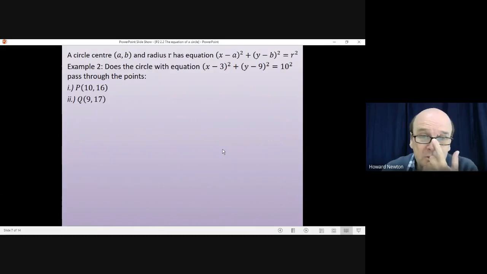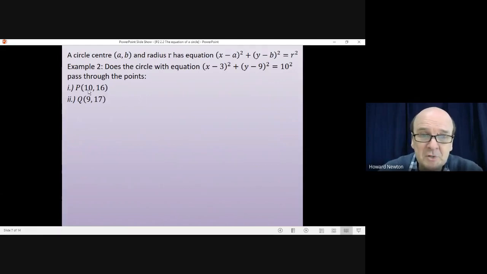Okay, example 2. You're given an equation of a circle, (x − 3)² + (y − 9)² = 10². And then what you're asked is whether these 2 points are on the circumference of that circle. So whether the circle passes through those points. Now the idea here is the same as for any equation. If you want to know whether a point is on a given curve, you substitute the point in and you see if it works.